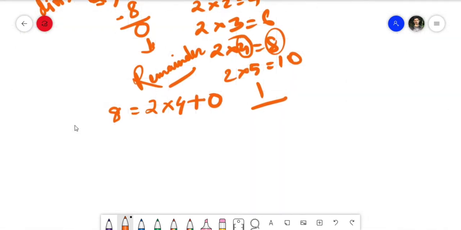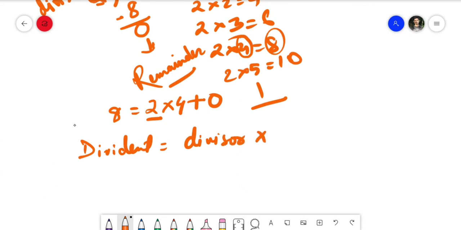Means we can write some kind of formula. This is called dividend, and this is called divisor into, and this is your quotient, and plus remainder. So this is the thing.